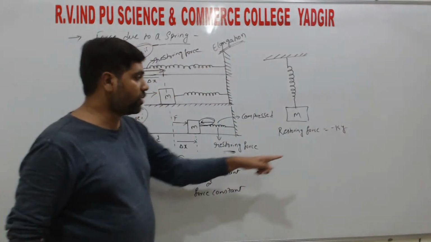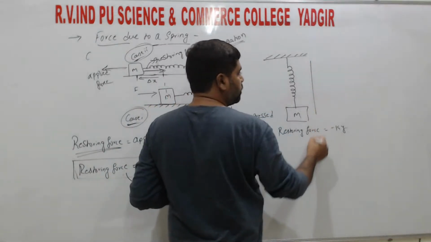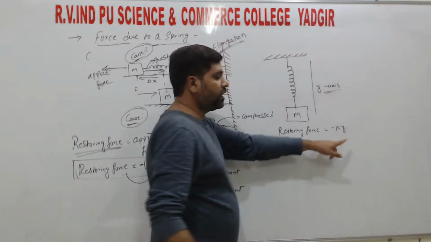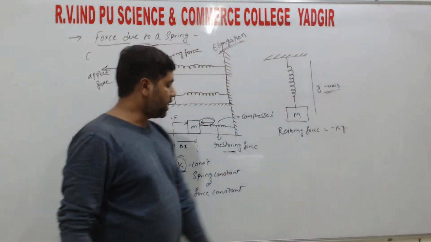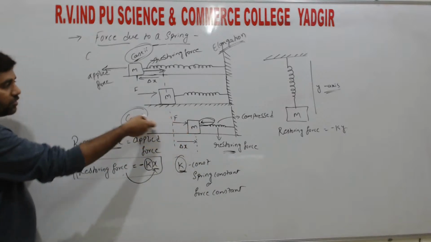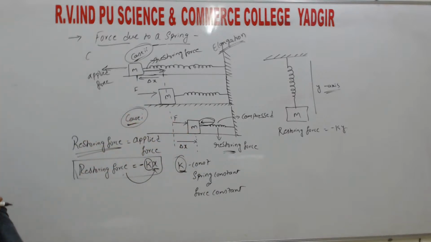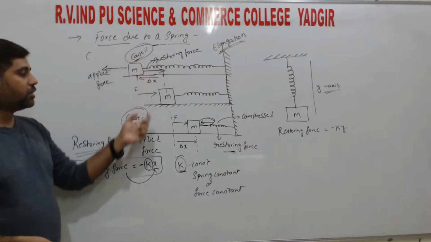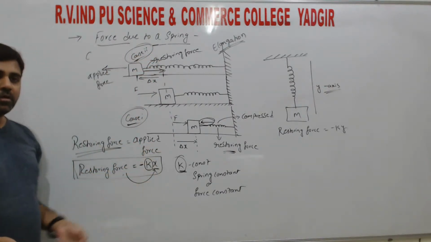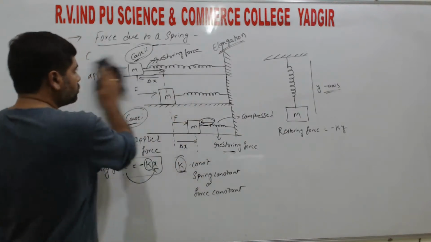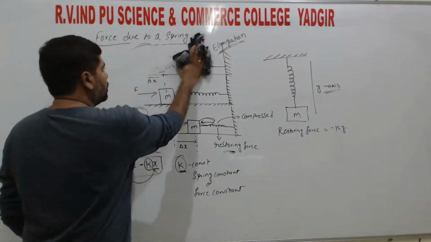Why have we taken y? Because we are taking displacement along the y axis. So that's why we have taken that as minus ky, and earlier we took x, that is displacement along the positive x axis or negative x axis, right? So this is about the force due to a spring, right? We use this when solving problems.